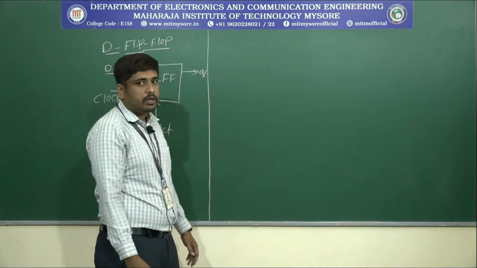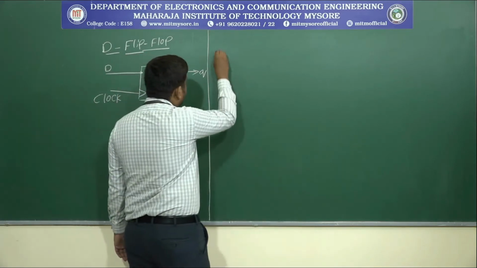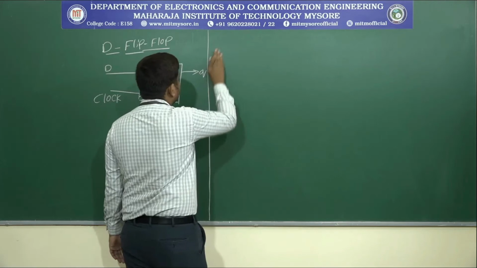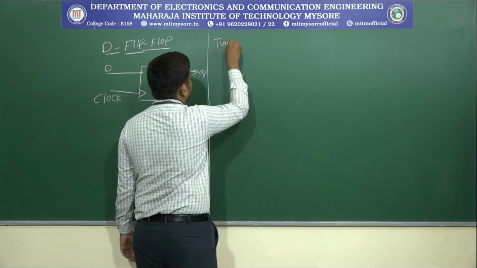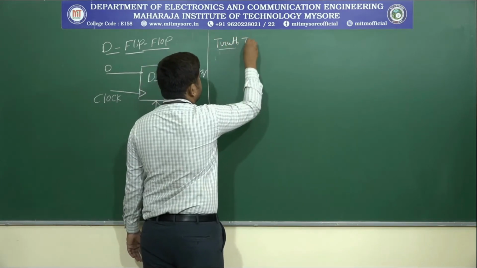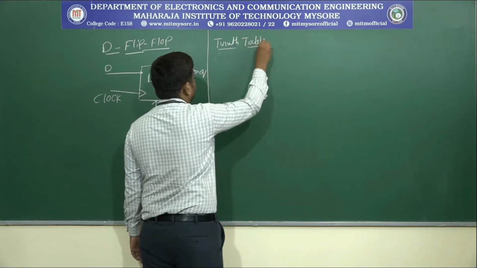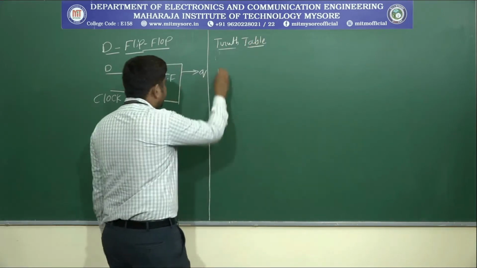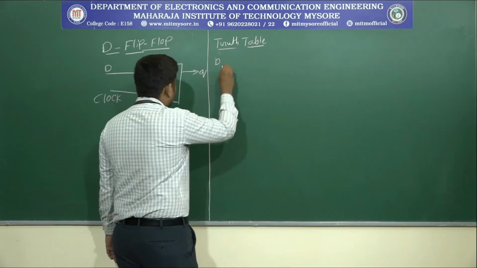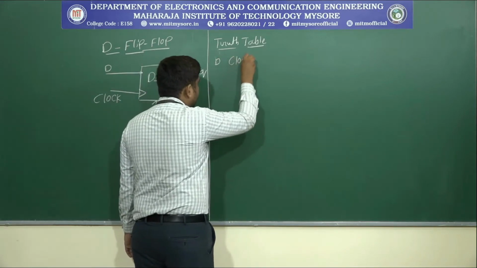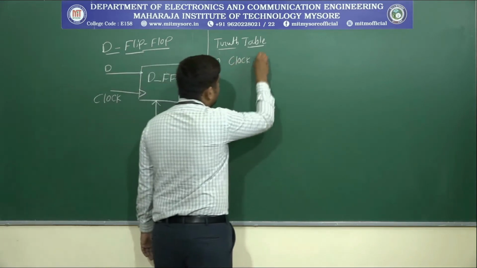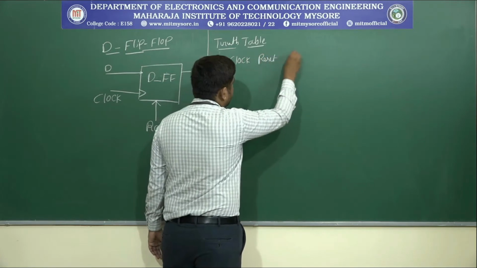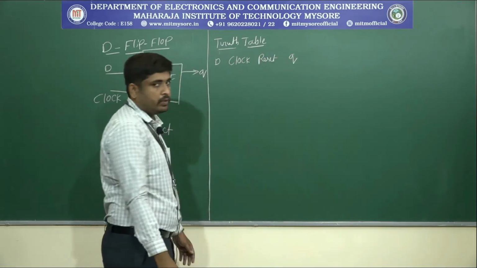After this we have to write a truth table. The inputs are D, clock, and reset, and finally Q is the output.